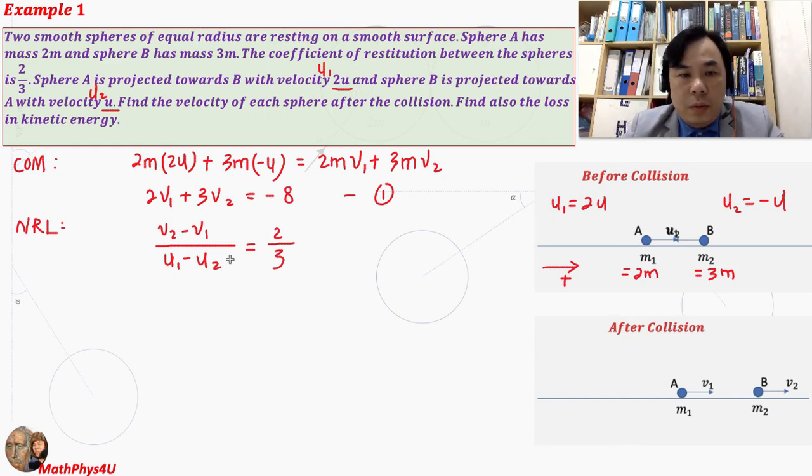So if I substitute this inside here, I would have 3u actually. Therefore v2 minus v1 divided by 3u is equal to 2 over 3. Alright, now from here it's very obvious, v2 minus v1 is equal to 2u.